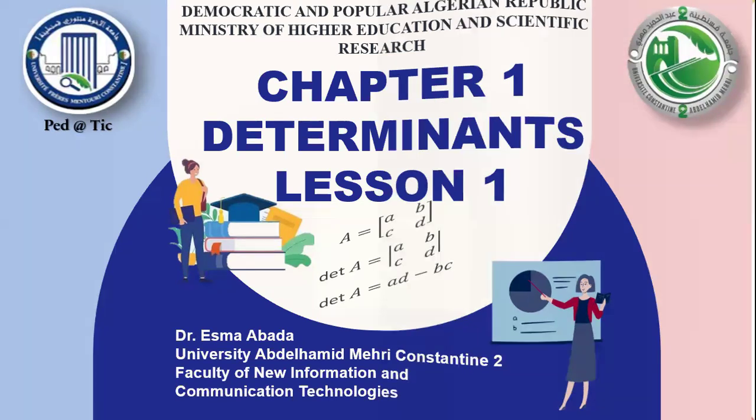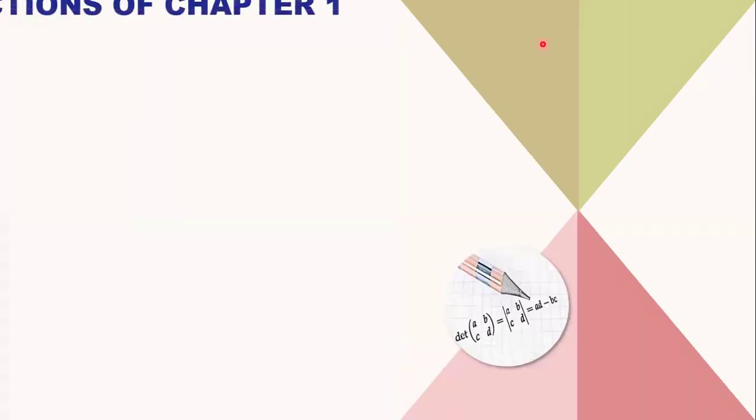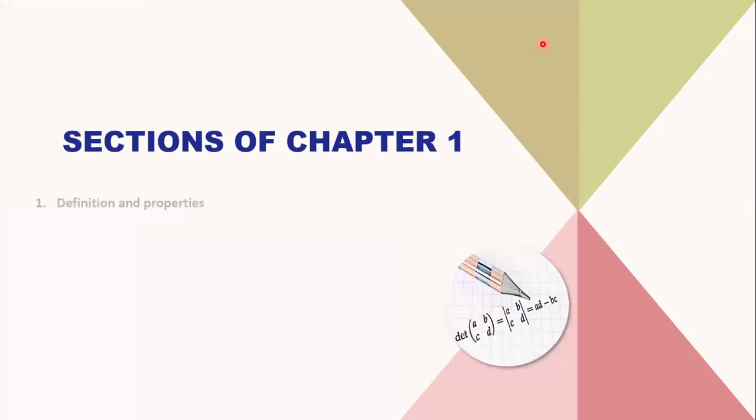I start my presentation by giving you the sections of chapter 1. The first section, definition and properties, we will see in this section the definition of an extracted matrix from another matrix, the definition of determinant, and the geometric interpretation of determinant. Secondly, we have section 2, the determinant of a square matrix and properties.